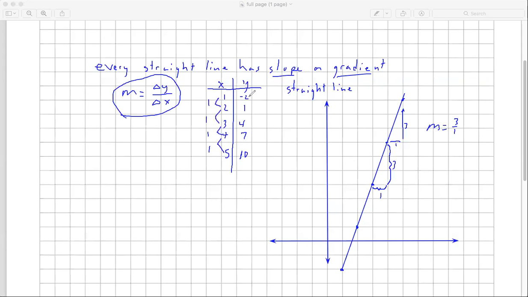And then the differences between the consecutive y coordinates are all 3. Whenever you have that relationship, where the x's have a constant difference and the y's have a constant difference, that indicates a direct variation, or better yet, it indicates a straight line.